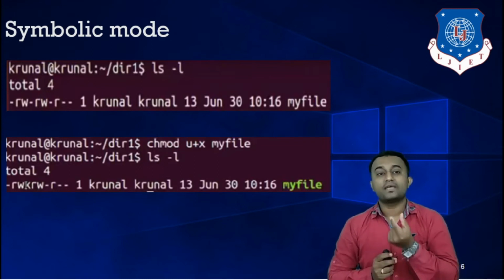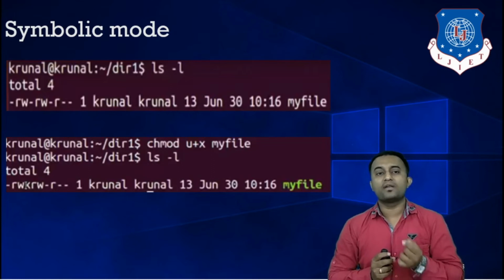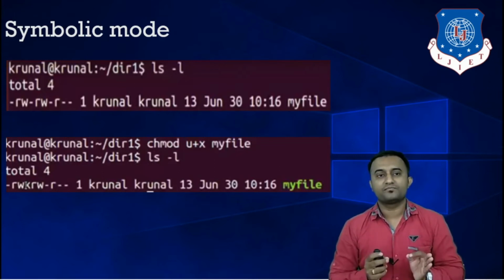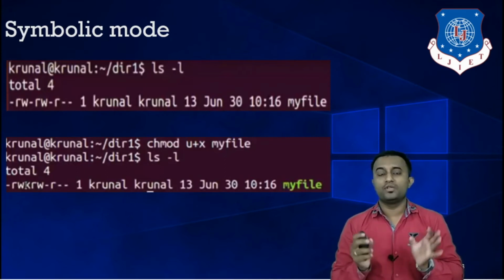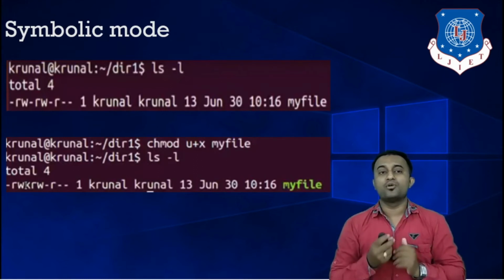The second group, which is the upcoming 3 letters, rw-, represents one more group. It is the group of users. This is very important, you need to keep it in your mind. If you don't know the interpretation of this particular format, you won't be able to understand the chmod command.